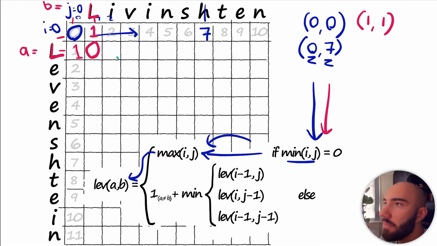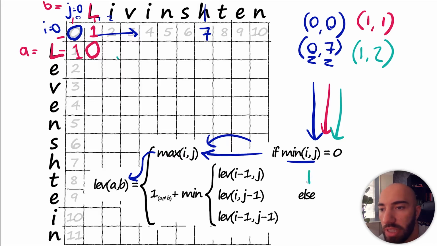So here we have i is equal to 1, j is equal to 2. We come down, we know that neither of those are 0. We come to here. Okay, what is at position 0, 2? 0, 2, we have a 2, so this is equal to 2. At position 1, 1, what do we have?